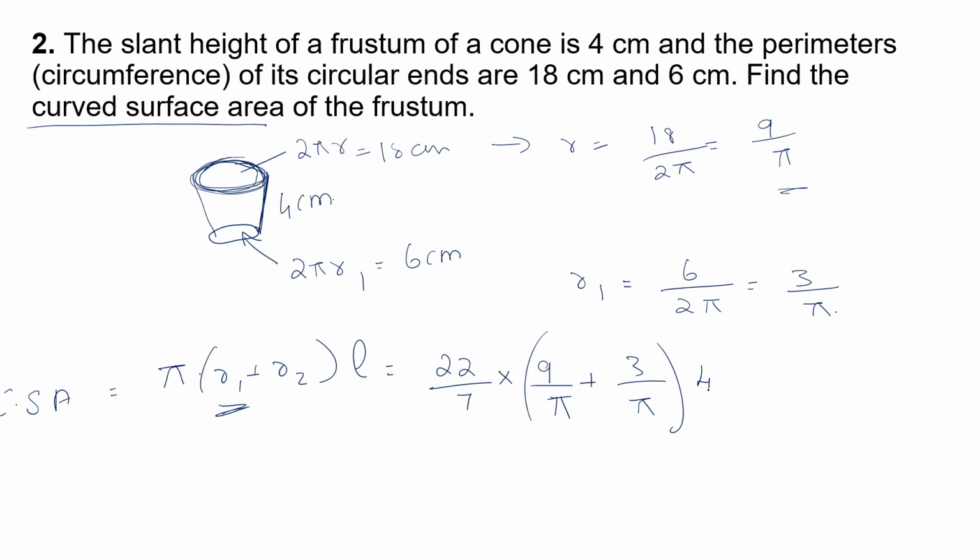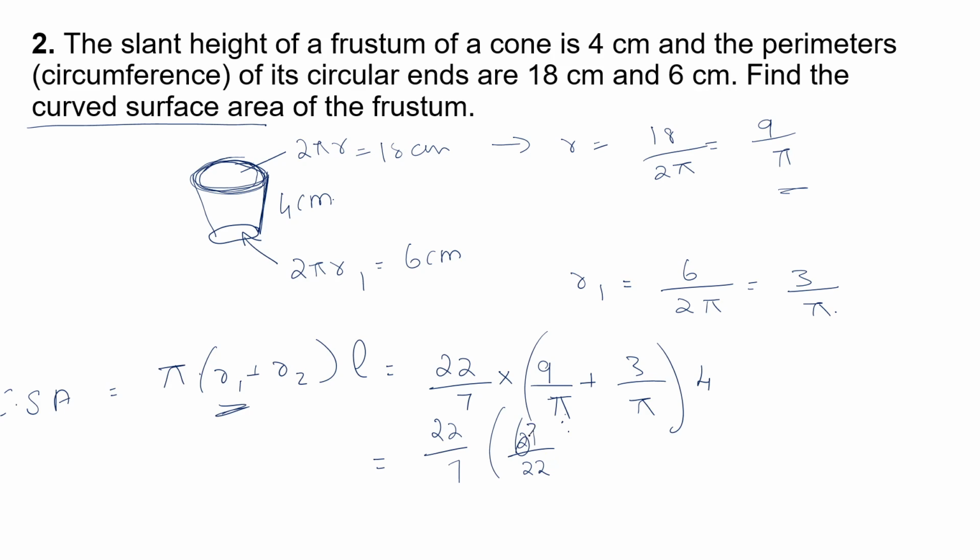L is given as 4. So for pi we have to substitute 22 by 7. Substitute this value and see. This is coming to 22 by 7, and then this 9 by pi is coming to 21 by 22 because 7 will go up and 7 nines are 63 by 22.